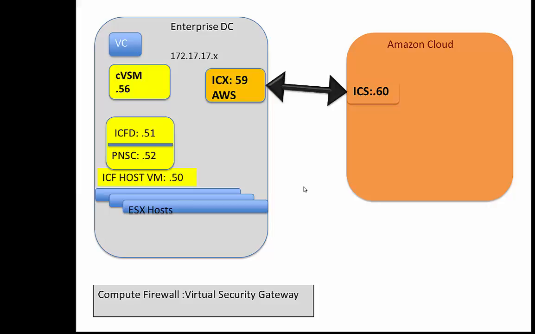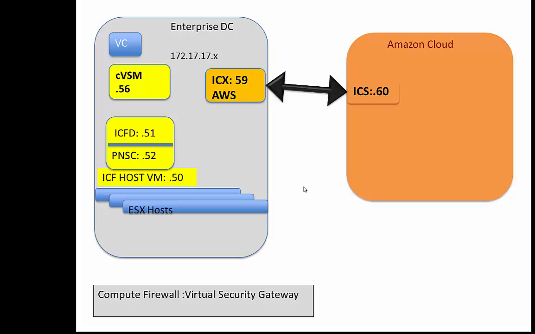On top of that, there is ICFD, which is the director, where we'll log in and do most of the configuration. Then PNSC, Prime Network Services Controller, .52, which does a lot of the hard work for the automation.